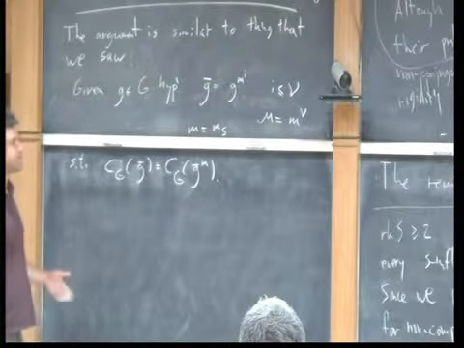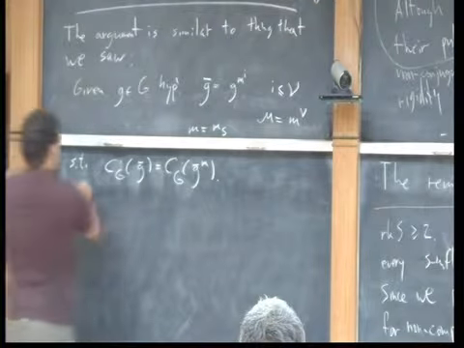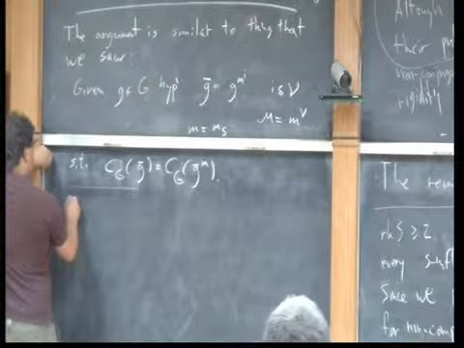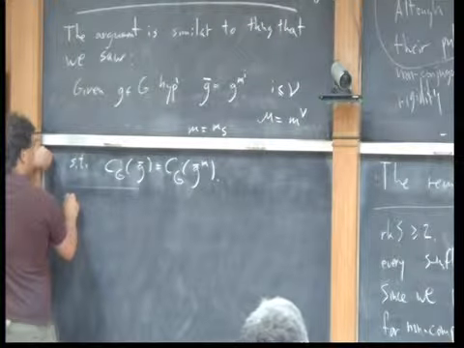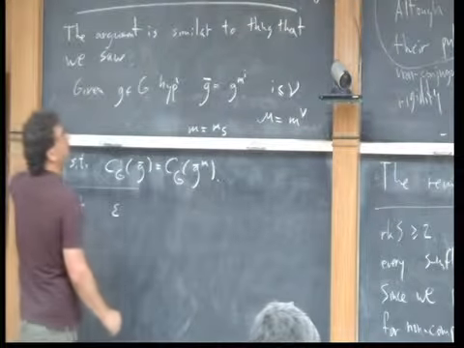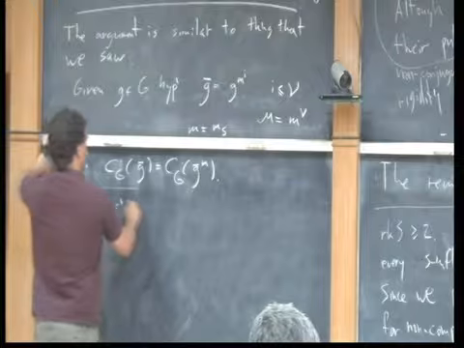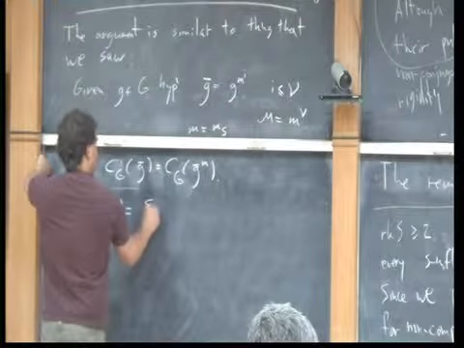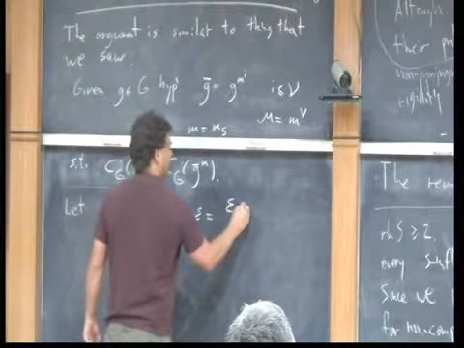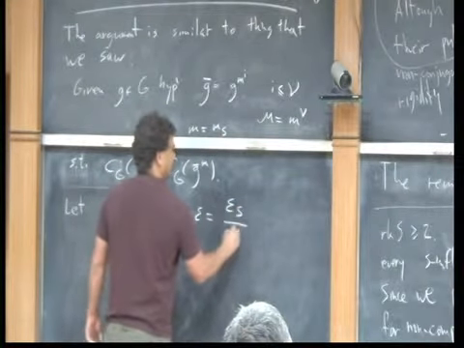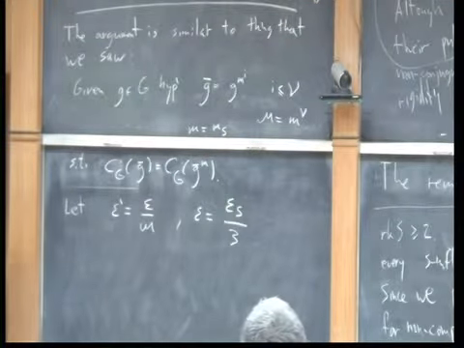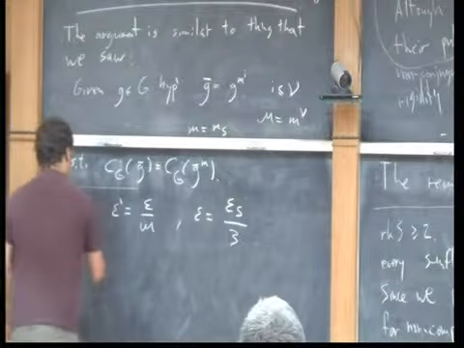Another thing, the second thing is, now I define, let epsilon prime, if you want, be epsilon over mu. Again, epsilon is, let's say, epsilon of Margulis divided by 3. That's Ribot.